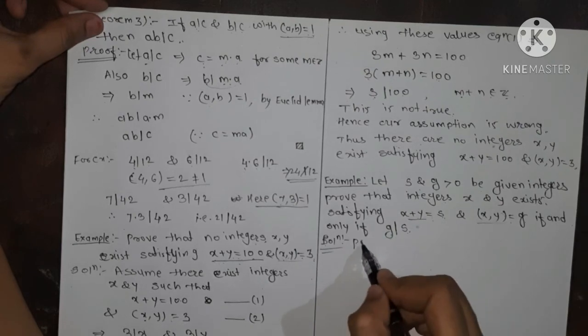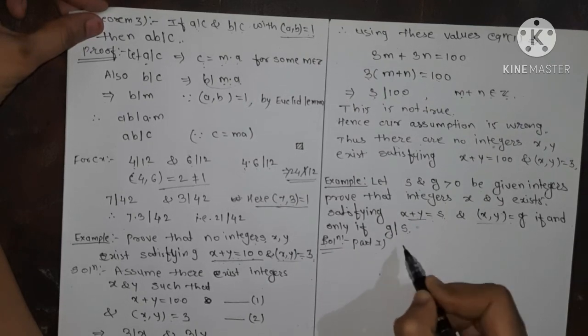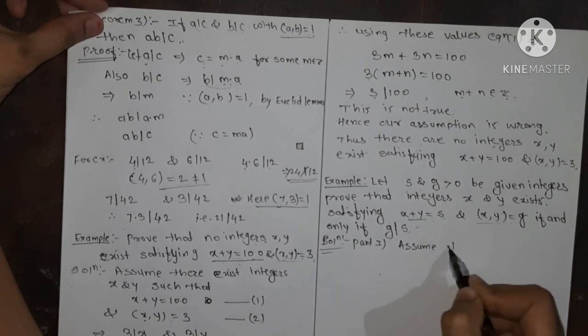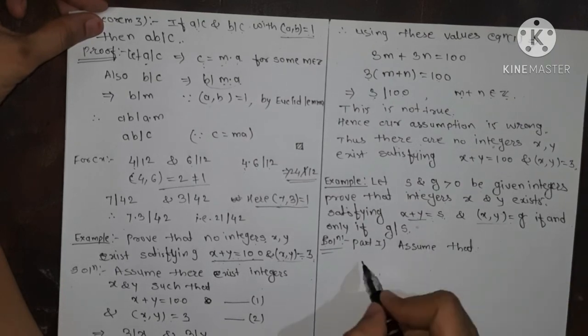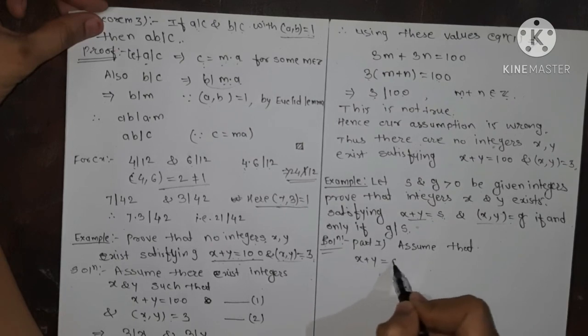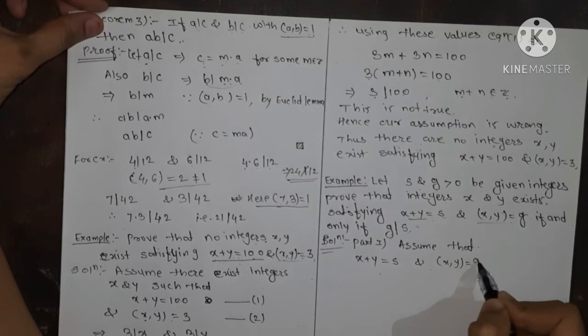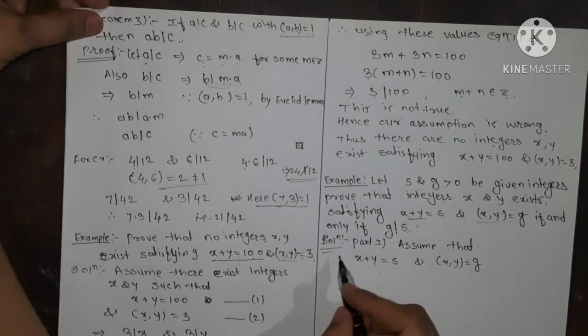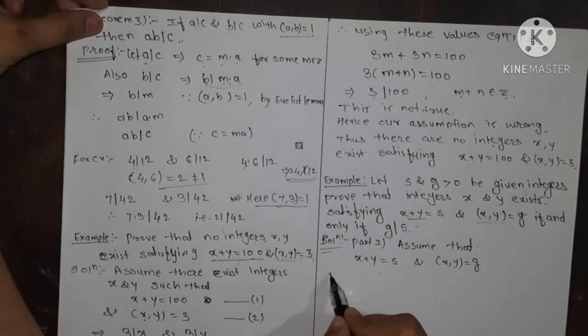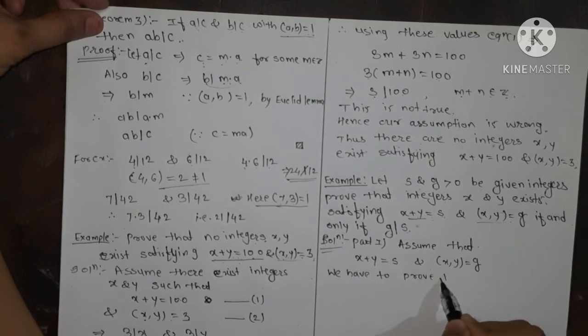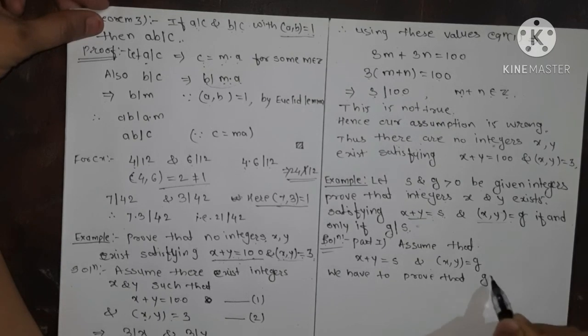So in part 1, we assume that x plus y is equal to s and the GCD of x comma y equals g, and we have to prove that g divides s.